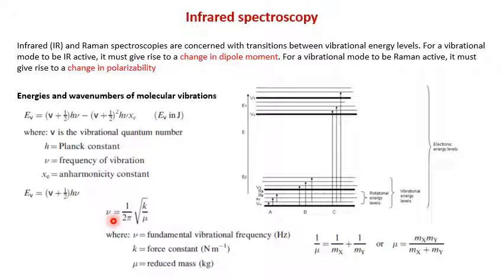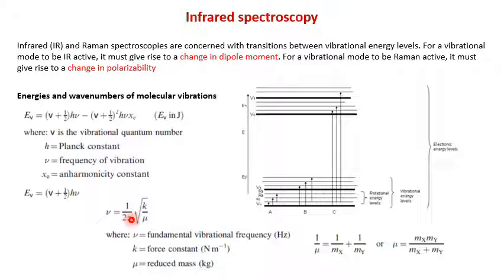If you rewrite this frequency into wave number form, you divide by the speed of light, so ν̄ = 1/(2πc) √(k/μ) basically.